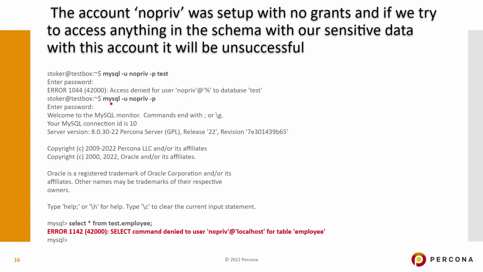Now, if we just log in generally without specifying a database, and we try to access something from the test schema, that employee table we set up earlier with the social security numbers in there, you can see that they get denied, error 1142. So we know right now that our user nopriv cannot get to the sensitive data, which is what we want, but they need access to some of it.